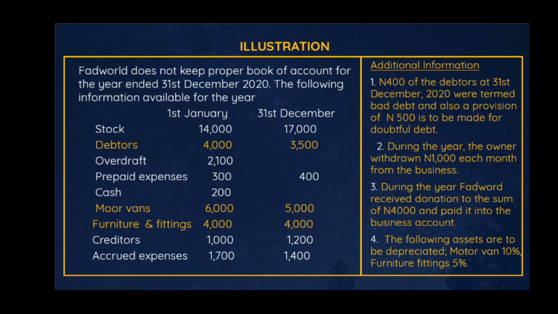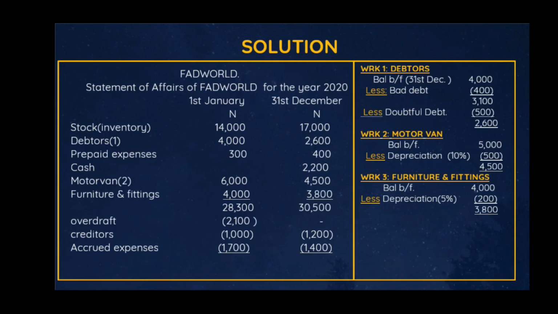So if we look at it, we are done with all the entry. Now let's subtract 2,100, 1,000 naira, 1,700 from 28,300, it's going to give us 23,500. As at 31st December, we have 30,500 as the value of the assets.